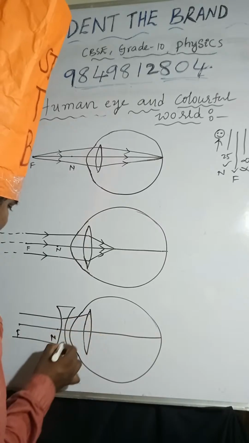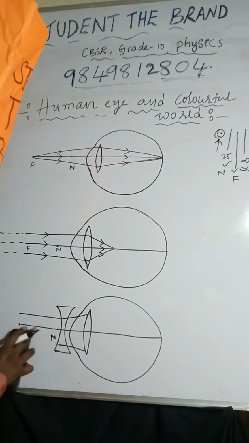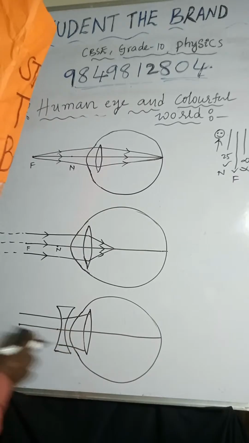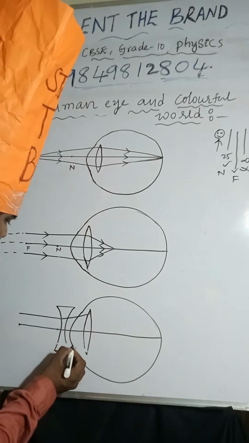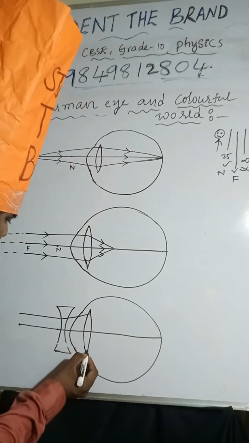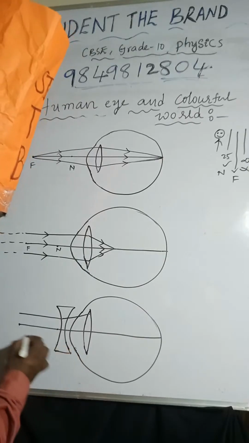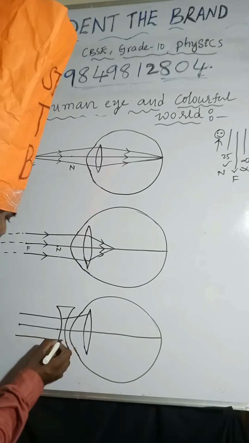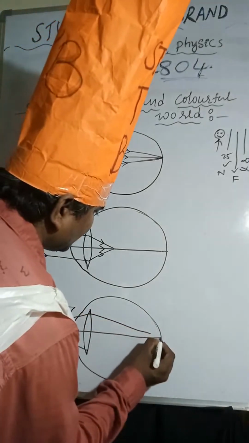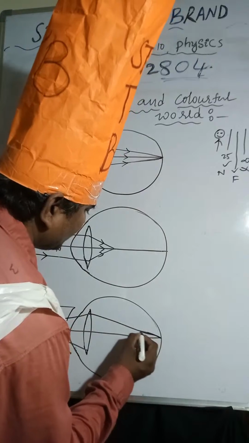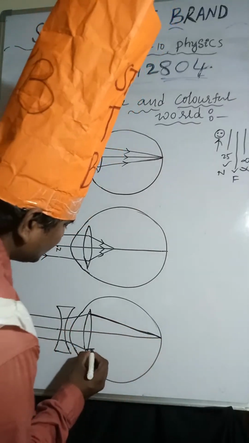Those light rays diverge, and after that they will converge again and meet at the retina. So here it will meet. Here you can observe, and here also.